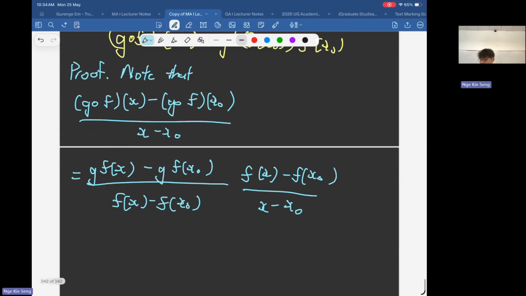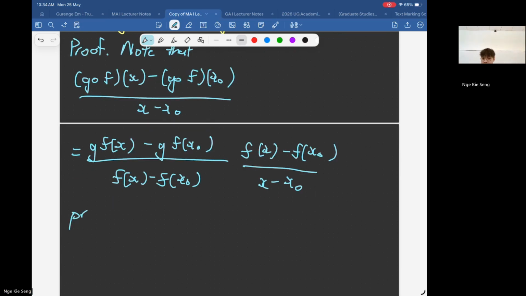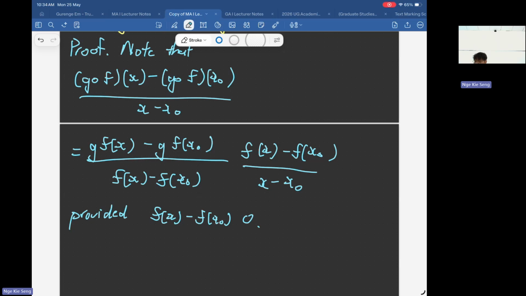And actually, to make this work, you are worried about whether f(x) is equal to f(x naught). We are worried about this. Why? Because we know that x_n cannot be x naught, since x naught is a limit point.